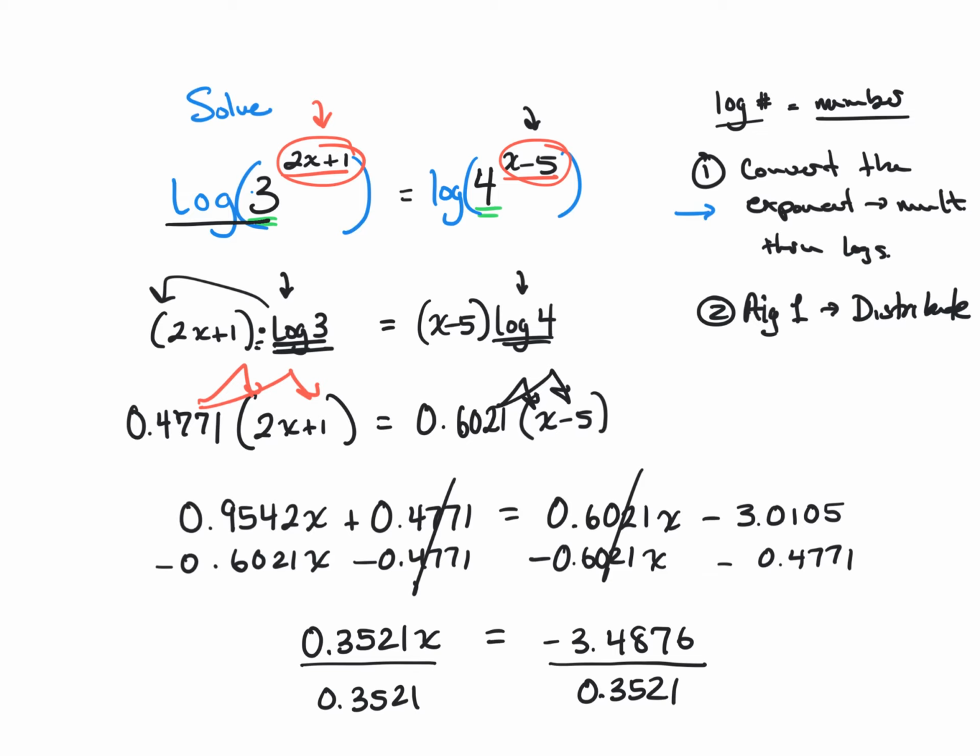And you get that the final answer is that your x must have a value of negative 9.9051 when estimating.